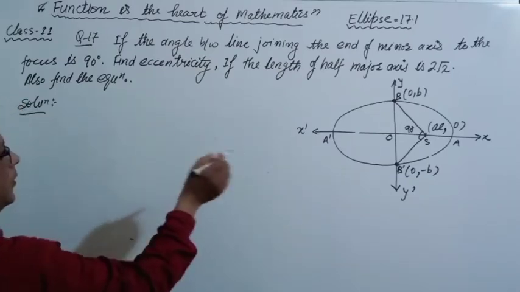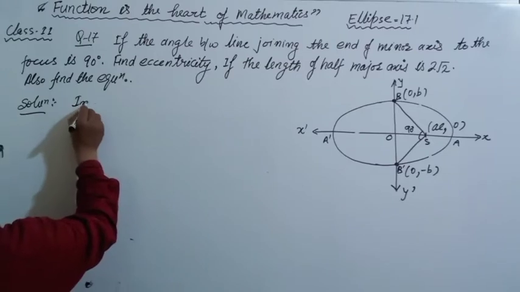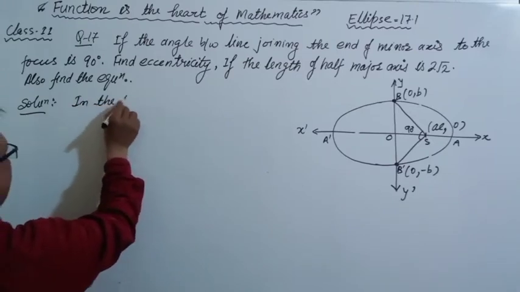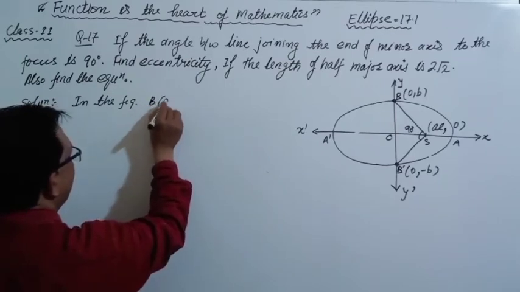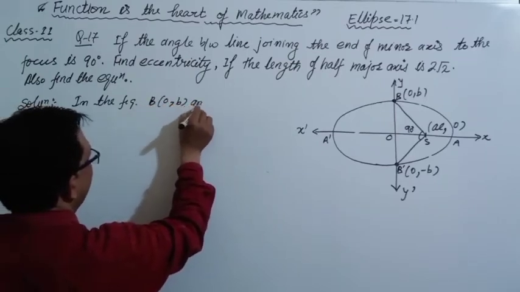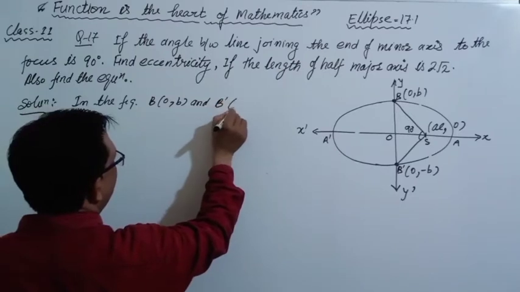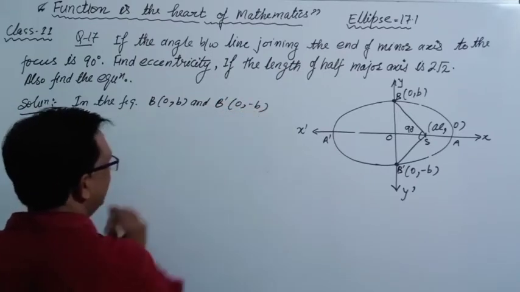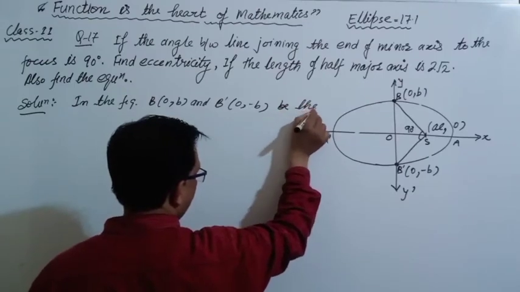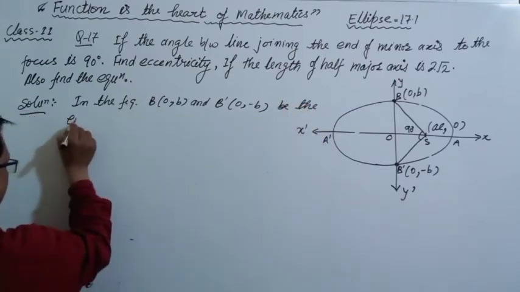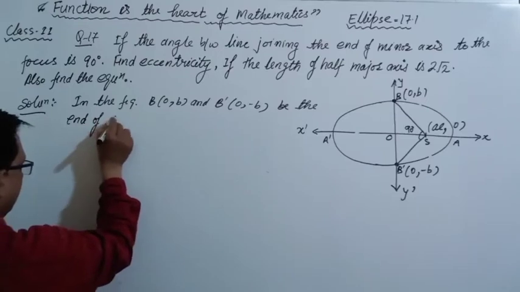Here we explain the figure. In the figure, B (0, b) and B dash (0, -b) are the ends of the minor axis.